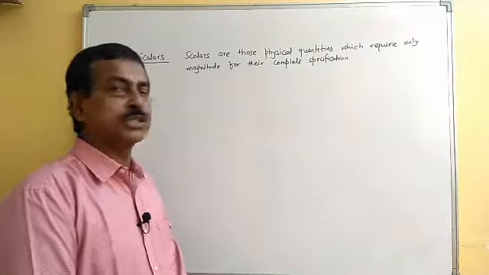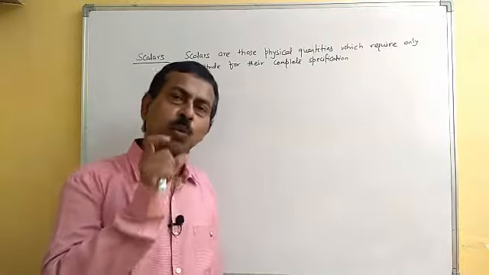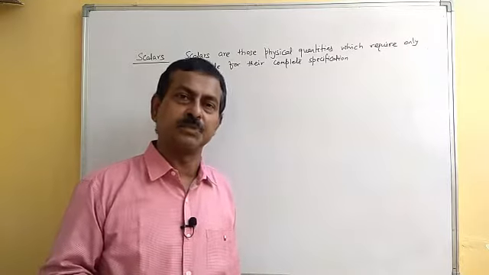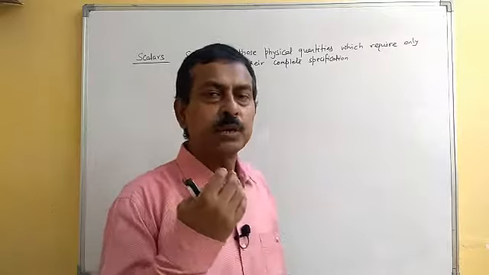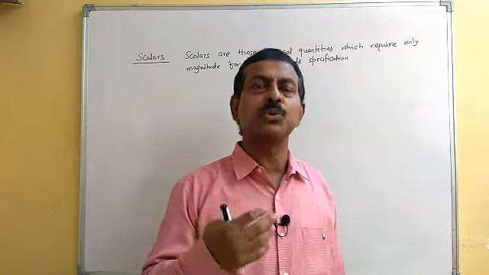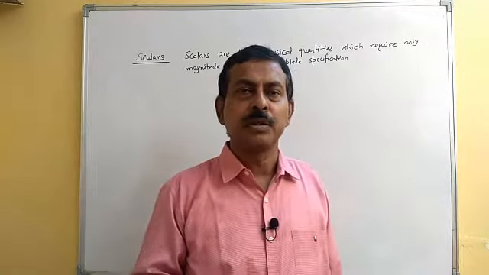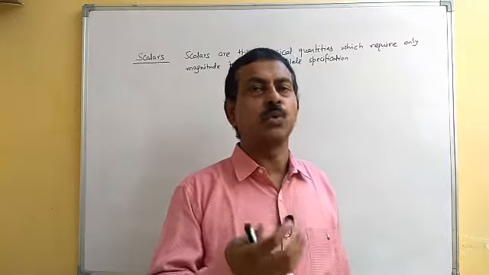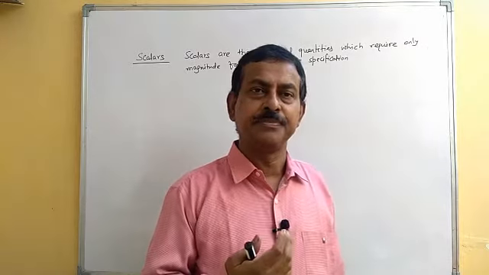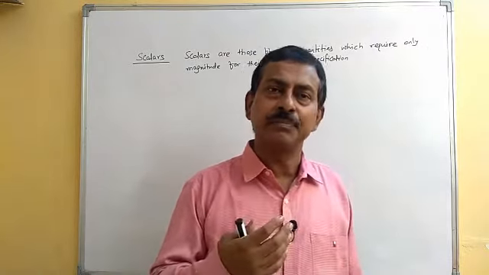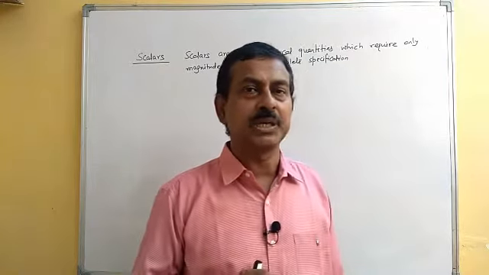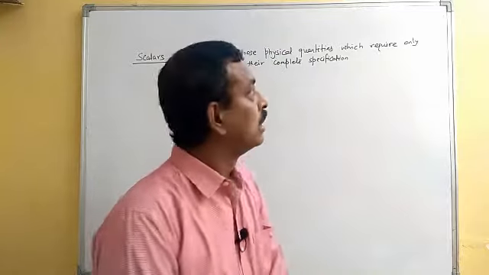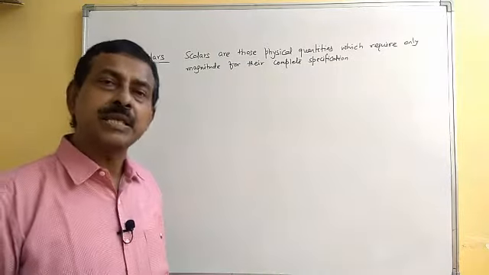Scalars are those physical quantities which require only magnitude for their complete specification. Like if you are talking about mass, just telling the quantity of the mass is sufficient. Similarly, if it is time, it is sufficient to just mention the duration of the time. So those will be called scalar quantities.